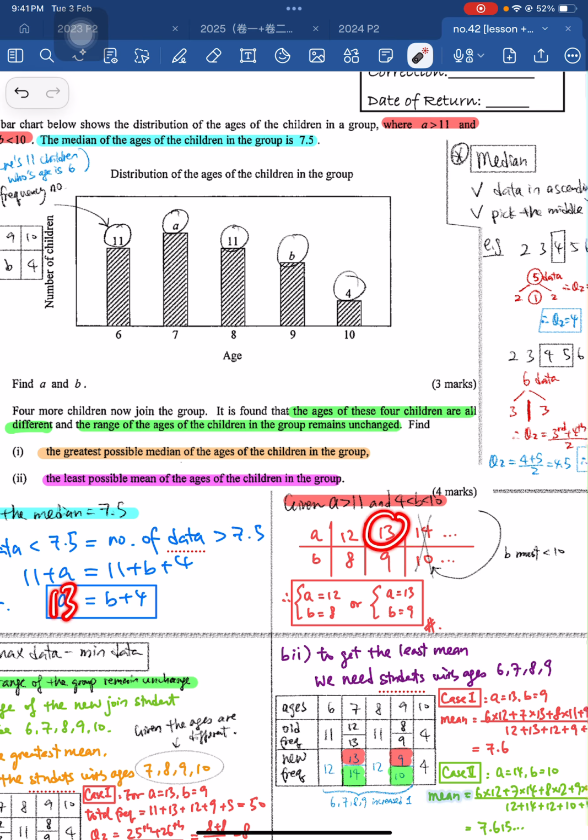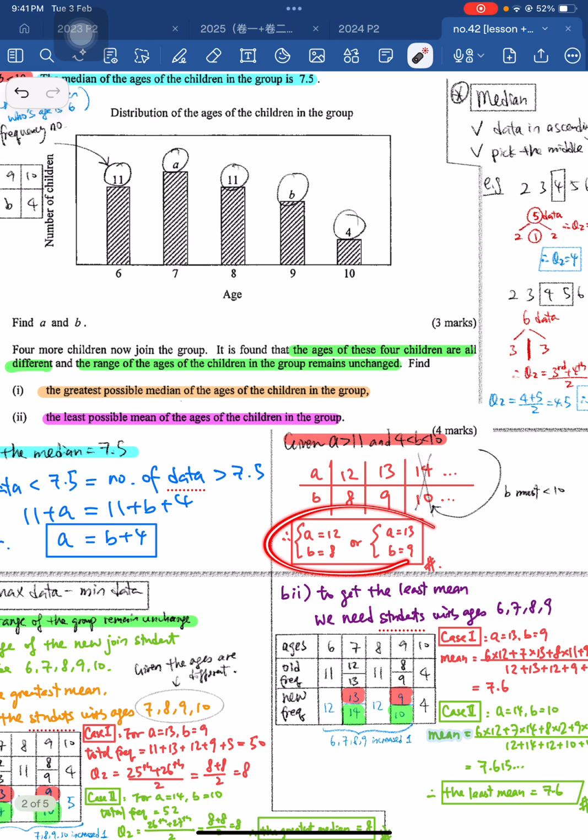When A is 13, 13 minus 4 gives you 9. Can we try 14? If we try 14, minus the 4, we get B equal to 10. However, B must be smaller than 10, it can't be equal to 10, so this case we don't need to consider. So we only have 2 cases: A equal to 12 with B equal to 8, or A equal to 13 with B equal to 9. That's how we solve part A.